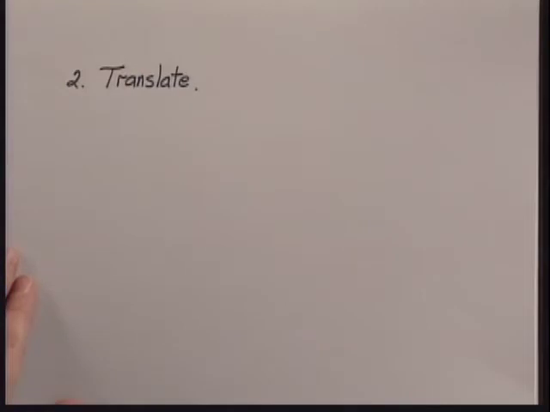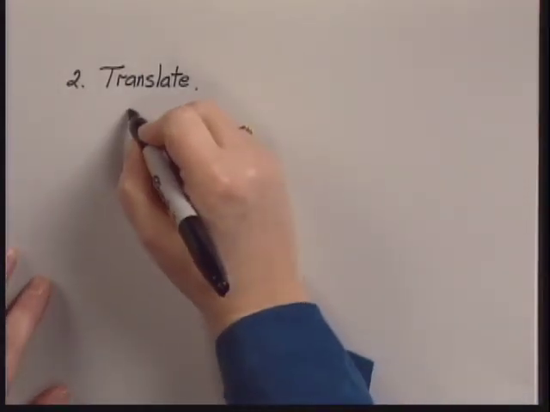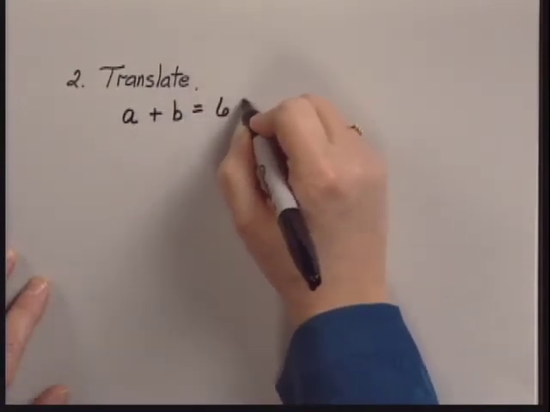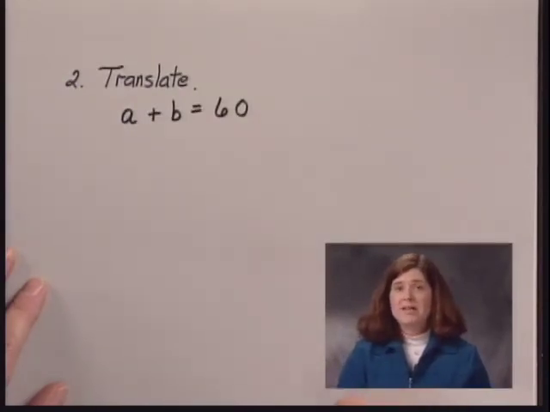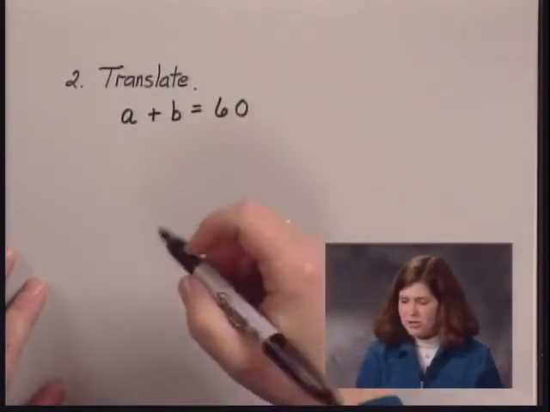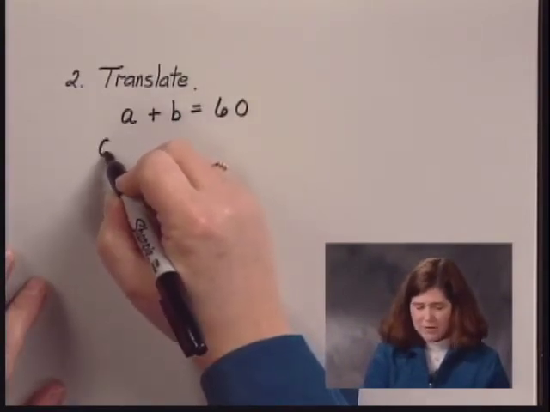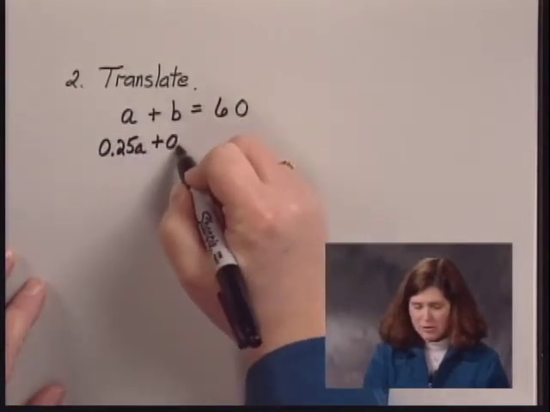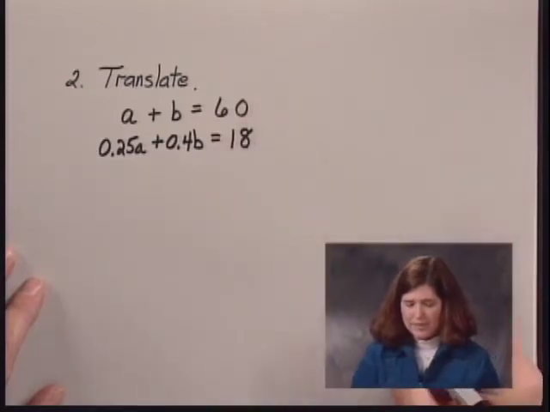So reading across the top row, thinking of the amount of solution, we would have A plus B equals 60. Reading across the third row, thinking of it as the amount of acid in each separate solution and in the mixture, we have 0.25A plus 0.4B equals 18.